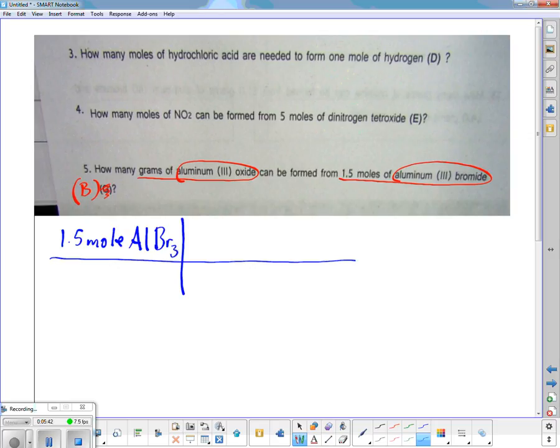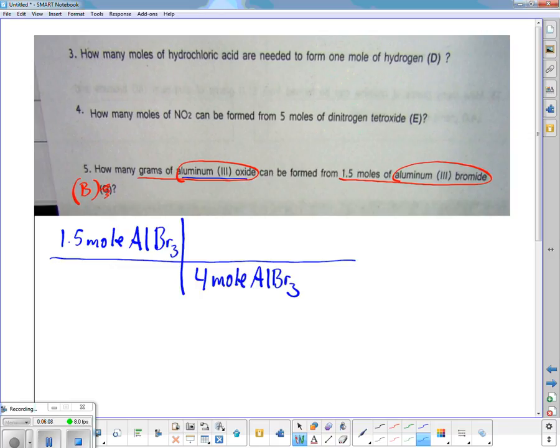So I don't have the balanced equation in front of me. So tell me what is in front of the balanced equation in B for AlBr3. What's in front of AlBr3? 4. So we put 4 moles of AlBr3 on the bottom because we want to get rid of it. We want to go to aluminum oxide, which is the Al2O3.